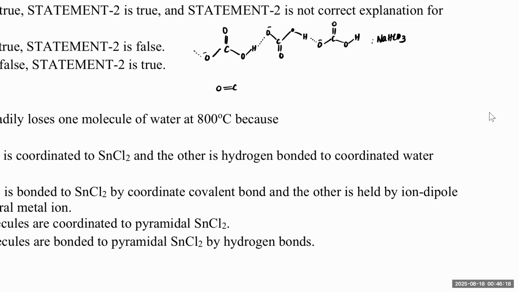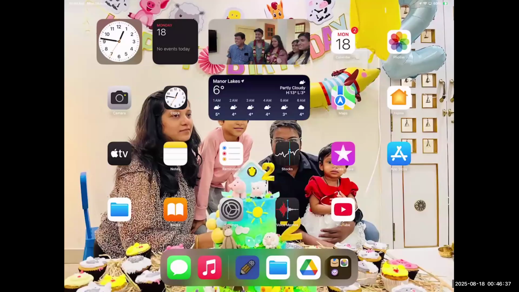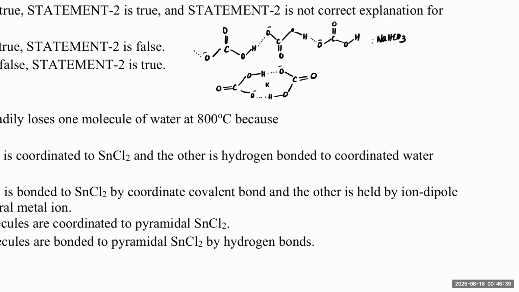Got it? While if it comes to KHCO3, the bonding is slightly different. You'll have this as C double bond O, O with H and O minus. And here it is bonded with O minus, which is connected with C double bond O, O and H, which is again bonded with this one. This is formed this way because the potassium present can be at the center like this.